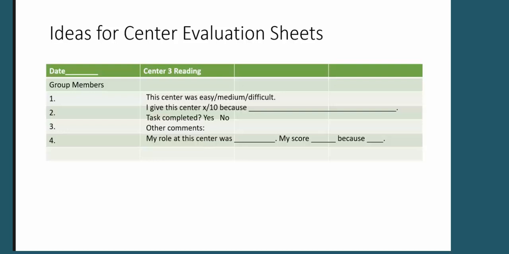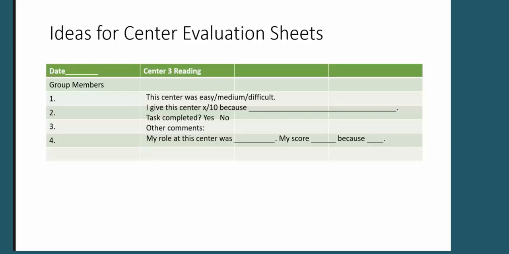And then other comments. My role at this center was runner. My score, that's what they give themselves: 10 out of 10 because they completed their task. Or 8 out of 10, they were the timekeeper, but they forgot to keep track of the time.